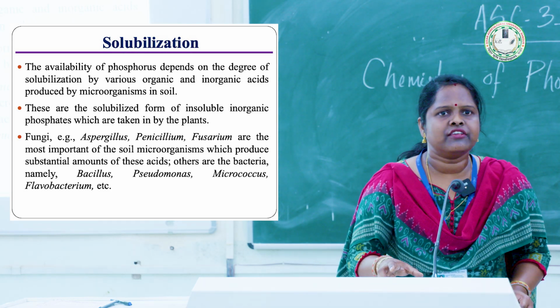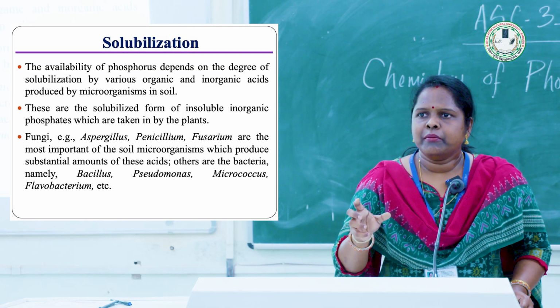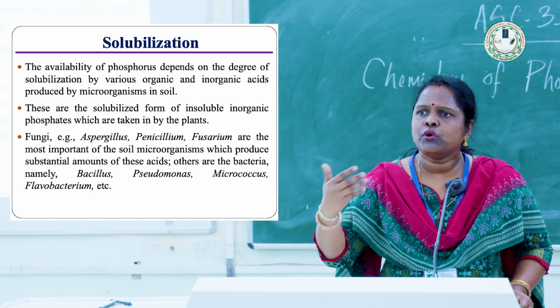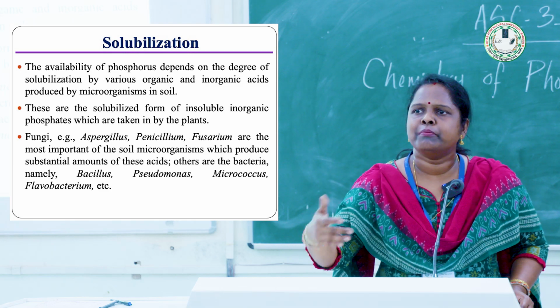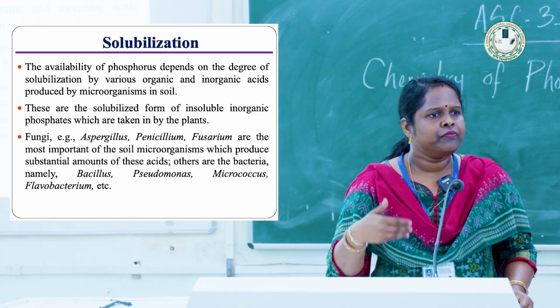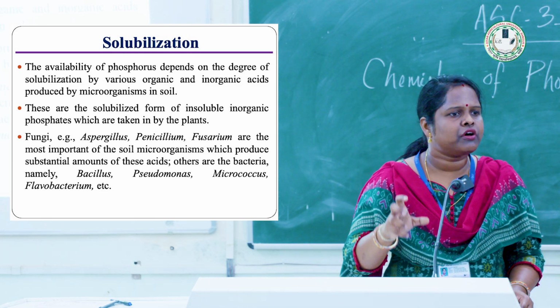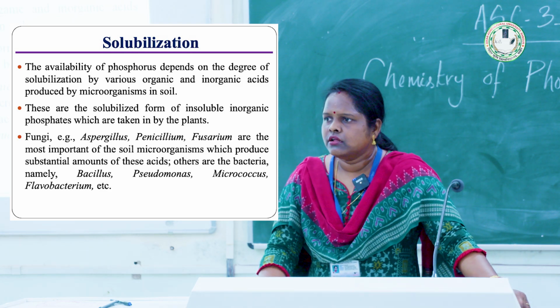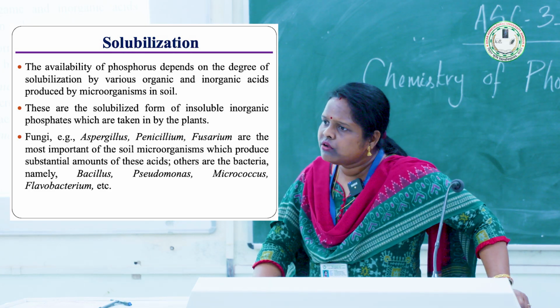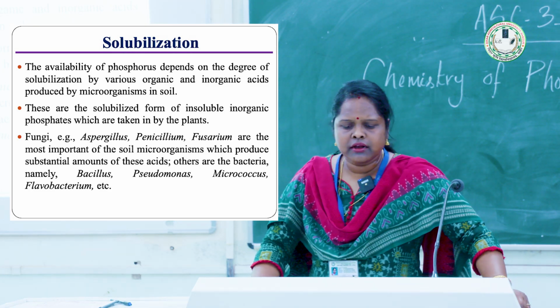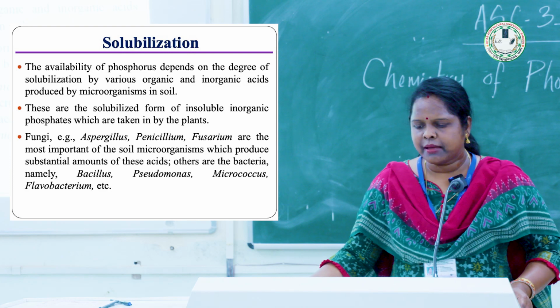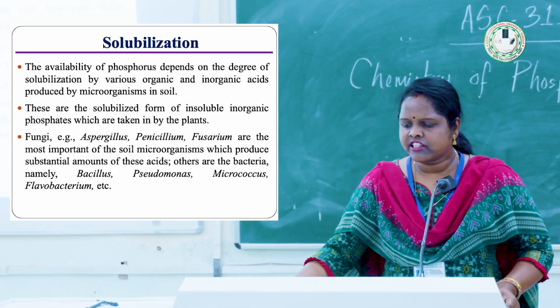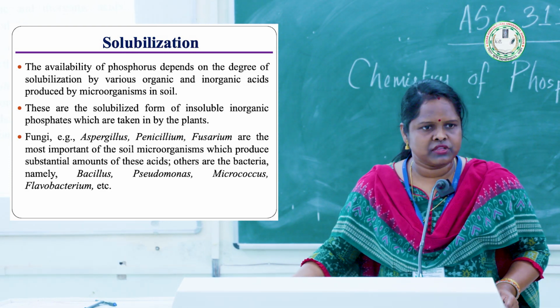For this solubilization process, the important part is we have to increase the number of microbial population in the soil, specifically the phosphorus solubilizing microorganisms. Those may be bacteria or fungi. Clear? I have also listed some examples, like in fungi, Aspergillus, Penicillium, Fusarium.